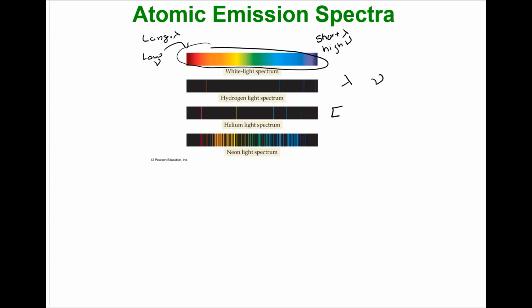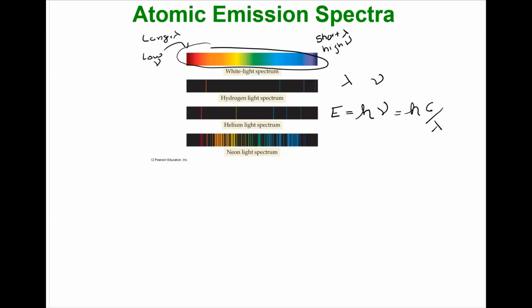And there's some equations that you need to know. This light has energy, and the energy of that light is equal to h, Planck's constant, times nu, the frequency of light. It's also equal to h, Planck's constant, times c divided by the wavelength of light.